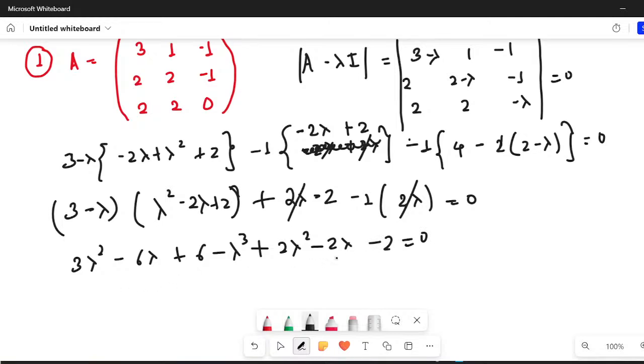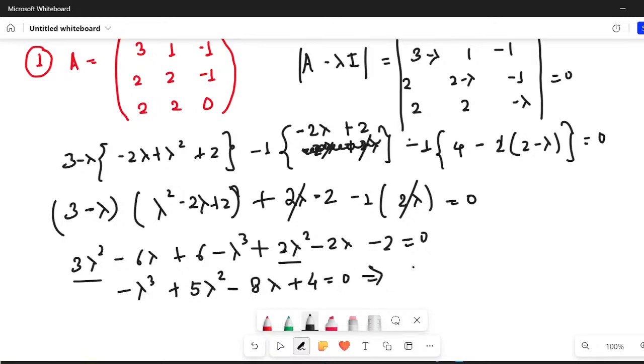So we are left with, if I take a minus lambda cube here plus 2 lambda square plus 3 lambda square, this is plus 5 lambda square here, okay, minus 8 lambda and plus 4 equal to 0.